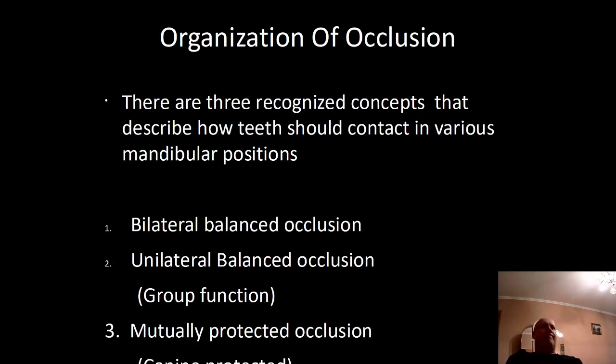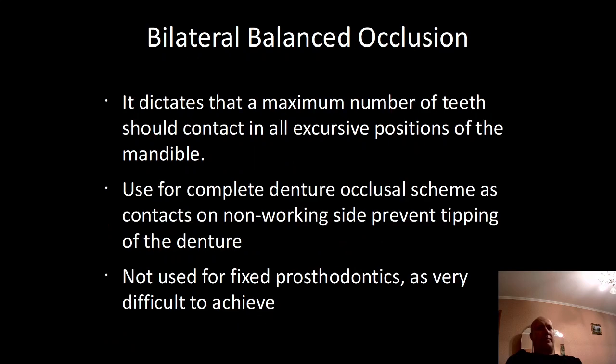Organization of occlusion. There are three recognized concepts that describe how teeth should contact in various mandibular positions: bilateral balanced occlusion, unilateral balanced occlusion or group function, and mutually protected occlusion.